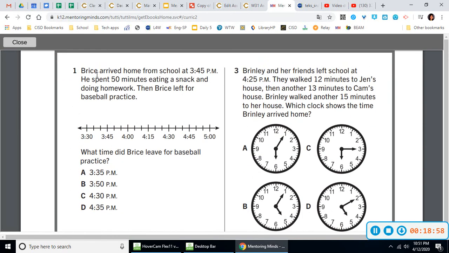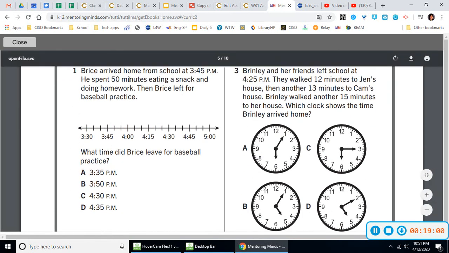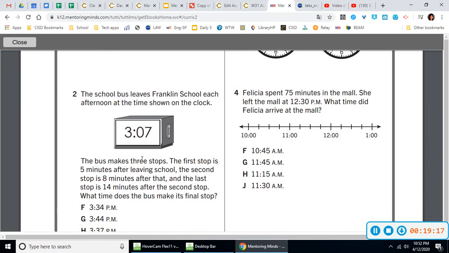Okay, so number 1, Bryce arrived home from school at 3:45 PM. He spent 50 minutes eating a snack and doing homework. Then Bryce left for baseball practice. What time did Bryce leave for baseball practice? Number 2.